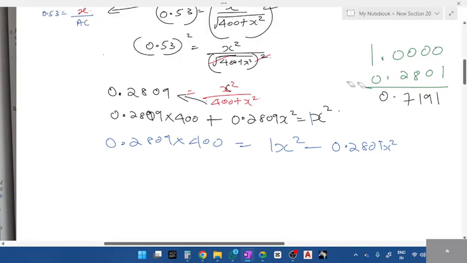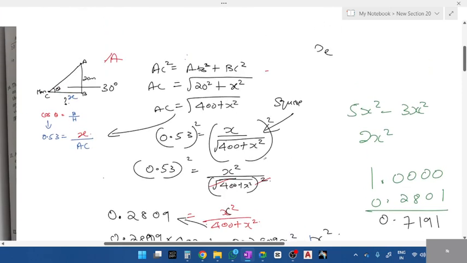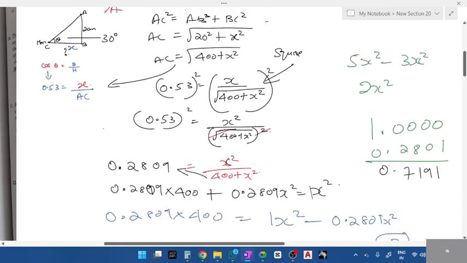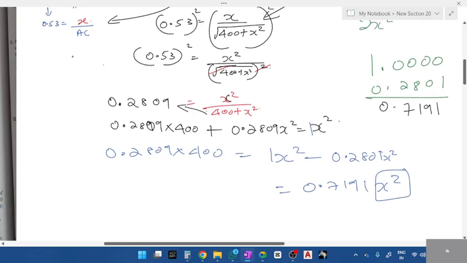Okay. So this value 0.7191 x square is equal to the other side. We need the value of x square, students. That is why we are solving all this to find the value of x square. If you substitute x square, we'll get the value of AC. So we need to find x here, CB. CB is the distance. That is what we have taken as x.